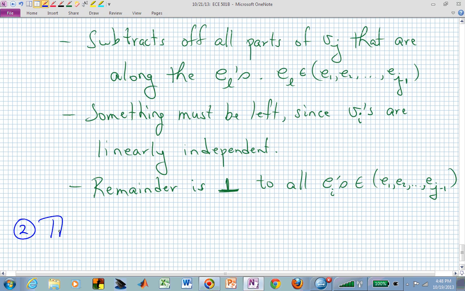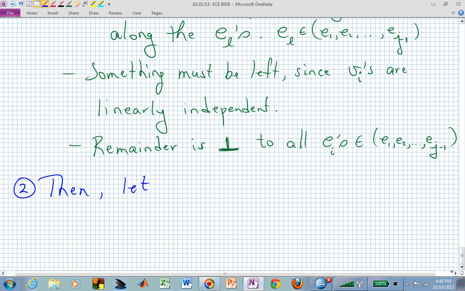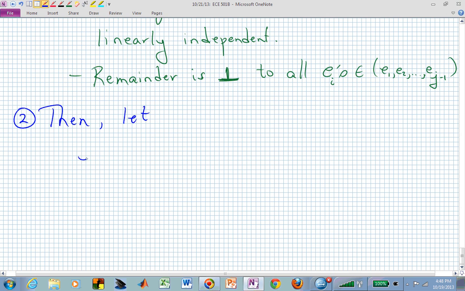We want these vectors that we're building up, these E sub 1's, E sub 2's, to be normalized to have a length of 1, and that's not too difficult to achieve. Once we have the vector, we can now let E sub j simply be the vector W sub j divided by its norm. And that normalizes E sub j to have a length of 1.